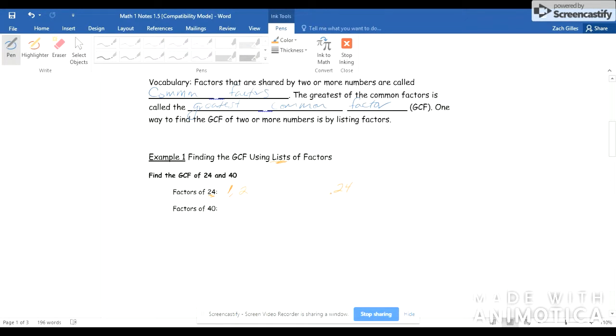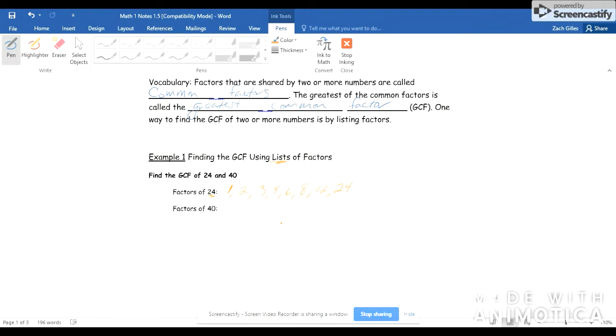So 2 times 12 would give us 24. Keep going. 3. Does 3 go into 24? And if you don't know, you can always check using division. But yeah, 3 times 8 would give me 24. And lastly, 4 times 6 would also give me 24. So there are all the factors of 24.